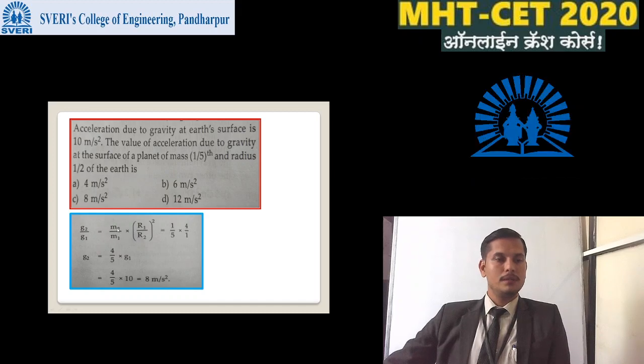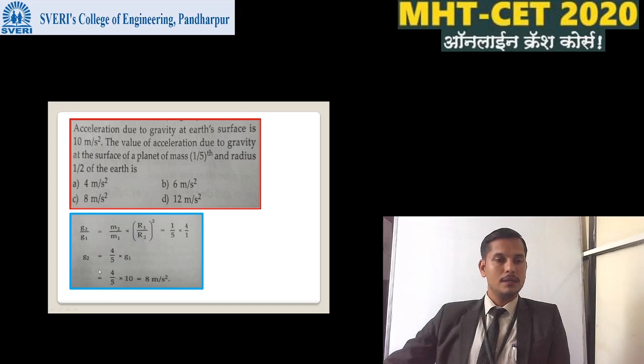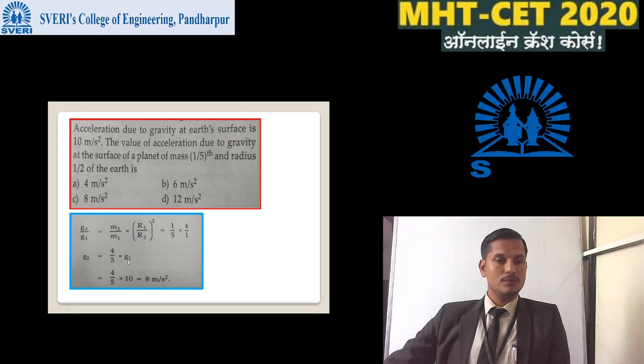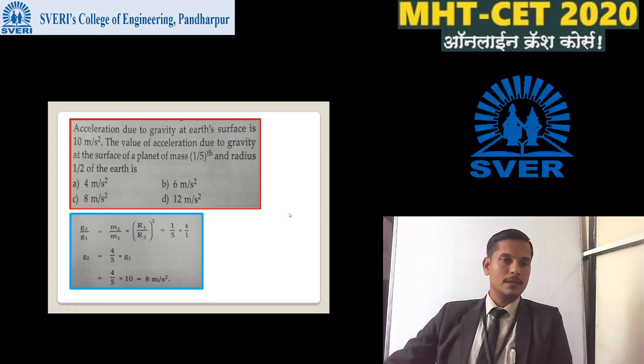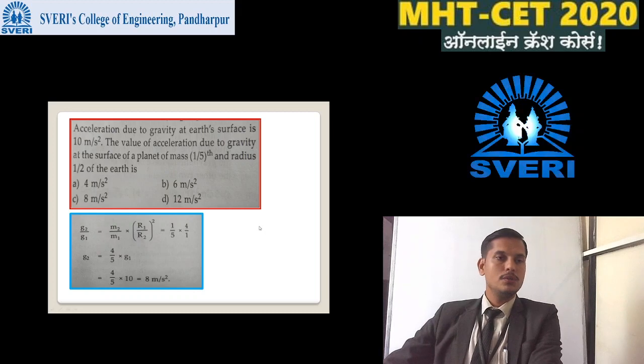How do we get it? 1 by 5 is 1/5. Then r1 by r2 is 2 by 1, so squared it becomes 4. 4 comes in the numerator, and after solving this, as we have considered g as 10, it is 8 meter per second square. So 8 meter per second square is the answer for this MCQ.